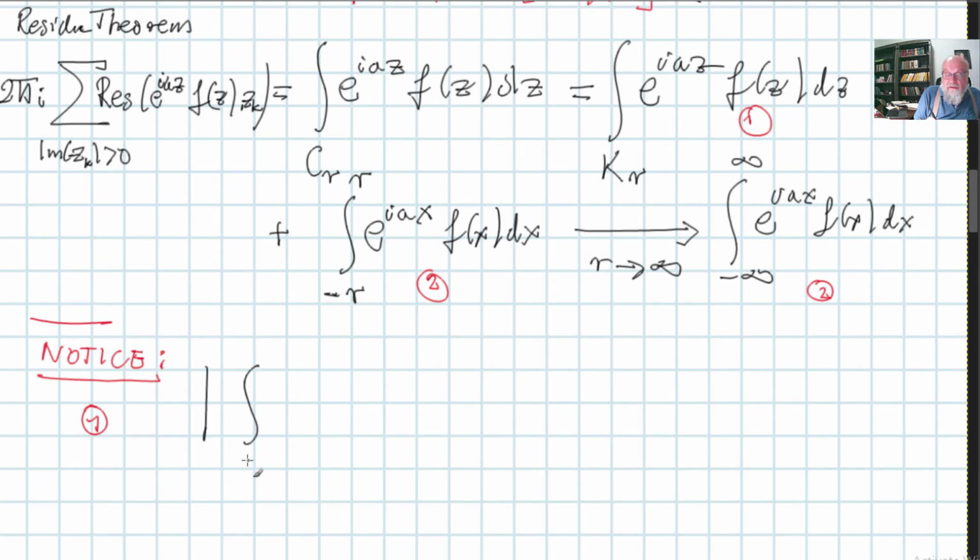Notice that this first integral, the integral over k_r of e^{iaz} f(z) dz, I can estimate as follows. We have a parameterization. Remember that z is equal to r e^{it}, where t belongs to [0, pi].